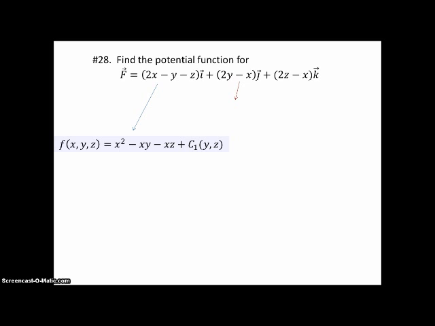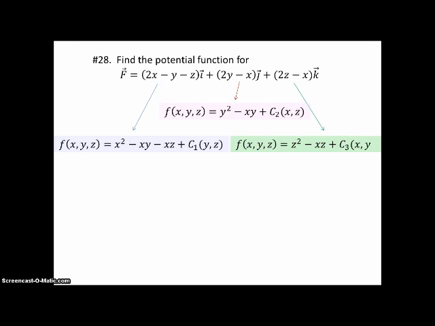The middle component is the partial derivative of f with respect to y, so we treat y as our variable and we get y squared minus xy, and then there could be terms with just x's and z's in them. And then finally, for the last component we treat z as our variable because this is the partial derivative of f with respect to z, and we get z squared minus xz plus possibly terms with x's and y's in them.